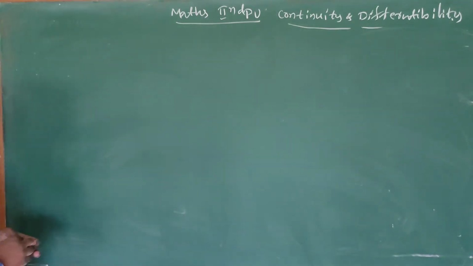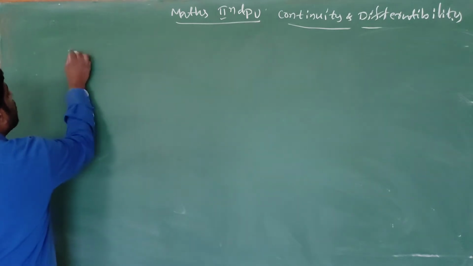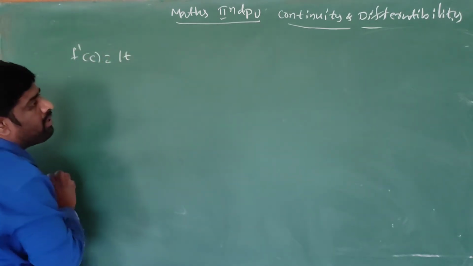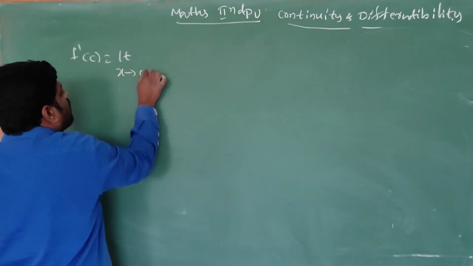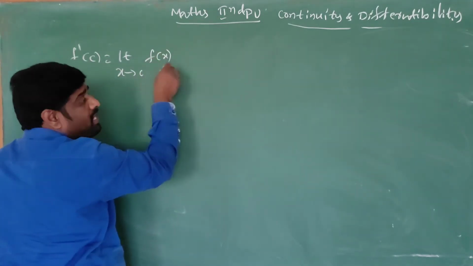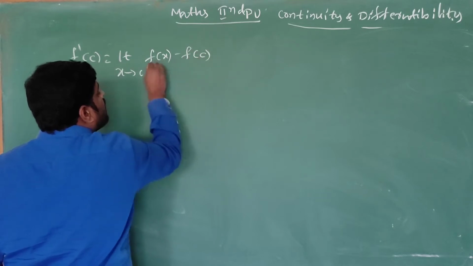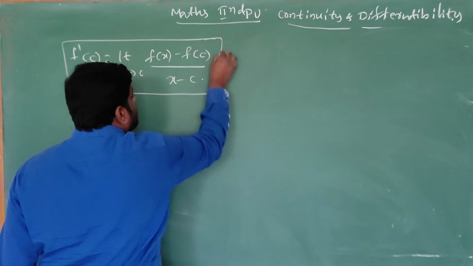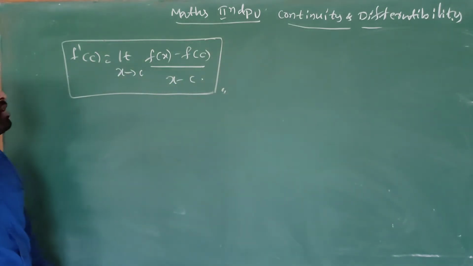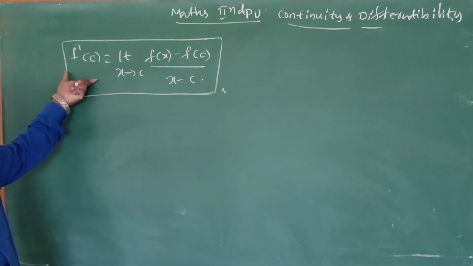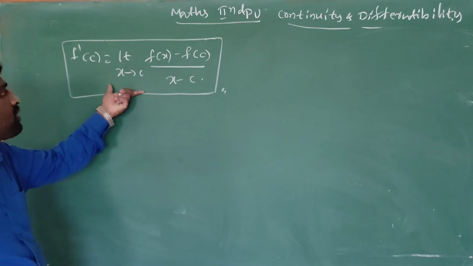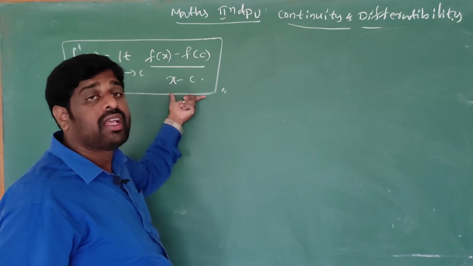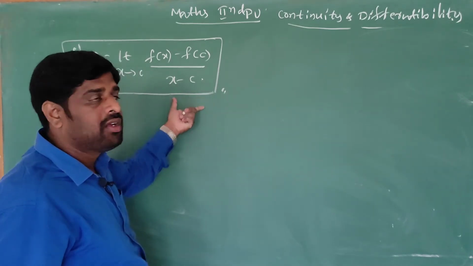So here, what differentiability means is that f dash of c equals limit x tends to c of f of x minus f of c divided by x minus c. This is the differentiability formula. F dash of c is equal to limit x tends to c of f of x minus f of c divided by x minus c.